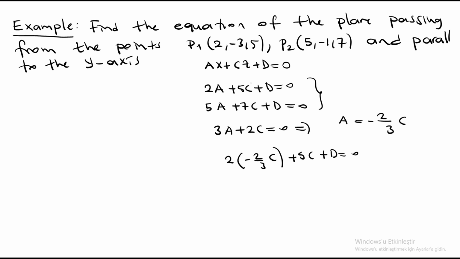So negative 4 over 3 C plus 5 C equals negative D, and then you have 11 over 3 C equals negative D, or you can write C equals negative 3 over 11 D.